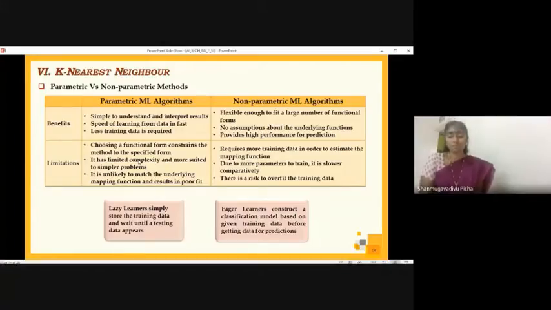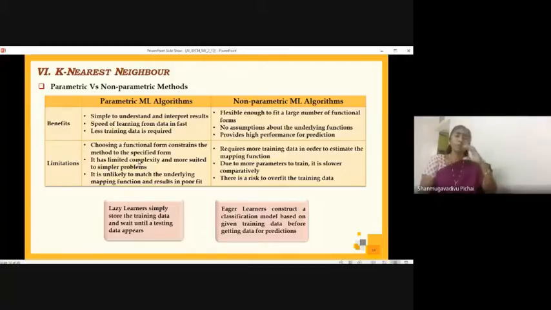Because of the limited scope of the model that we are going to select, it has to have a limited complexity. As I told you, it is more suited for simpler problems.